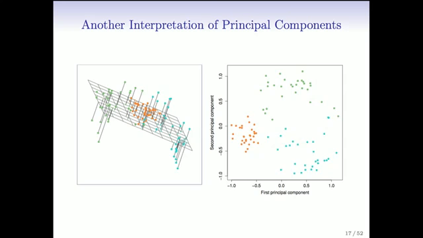Now the points are colored, but that's just to help us explain what's going on. This seems to be like a clustering. But what we see is that this hyperplane sort of passes through the middle of these points. And we're asking for a hyperplane that gets as close as possible to the points. And what we mean by that is that if we take each point and compute the shortest distance to the hyperplane and sum the squares of those distances, we want the hyperplane that gets closest to the data in that sense.